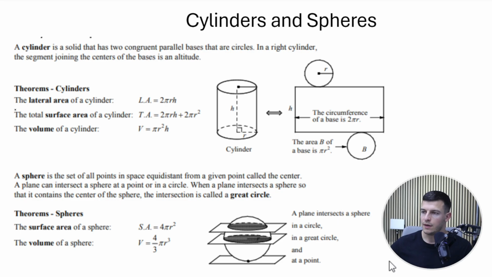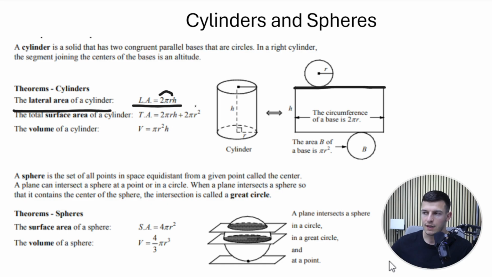So the lateral area of the cylinder is 2 pi r times height. Where is that coming from? When you open this paper, your circumference becomes the length of the rectangle, and the height is the side of the rectangle. So the lateral area will become 2 pi r h.